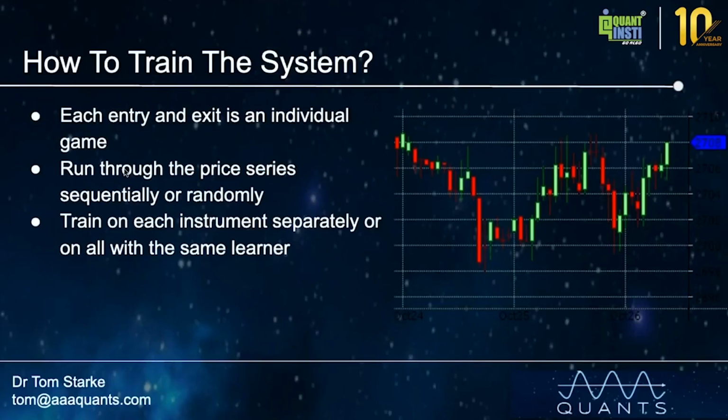So rather than running through the price series sequentially, we can just enter and exit at random points for training. Which one of those two you choose is really up to you. Both are possible and both work. There is no really good or bad. It really depends on your preferences and how you would do it.